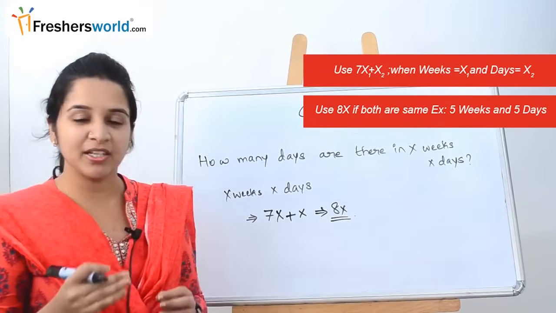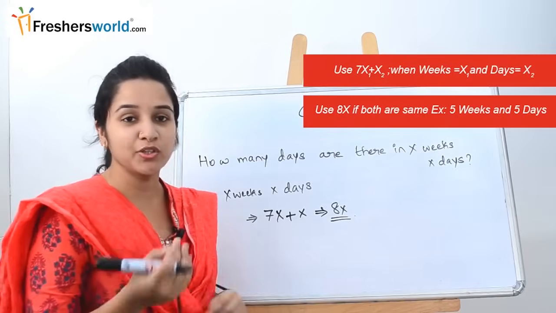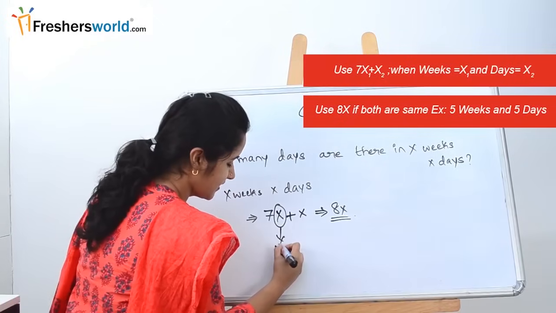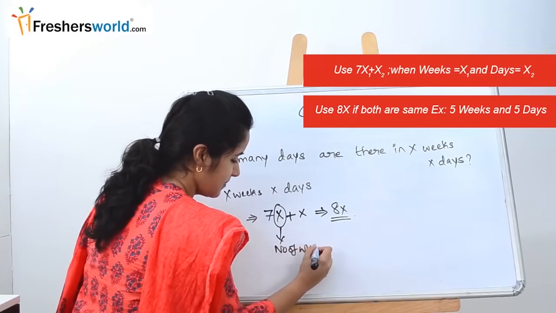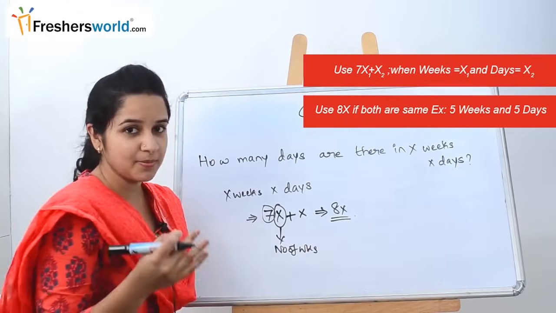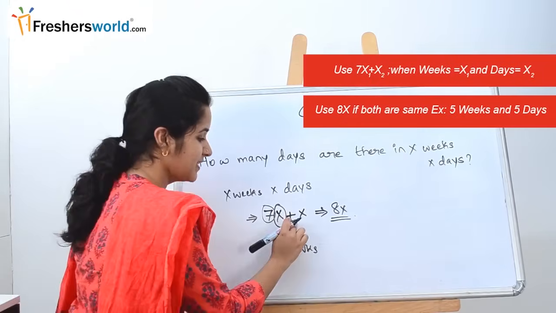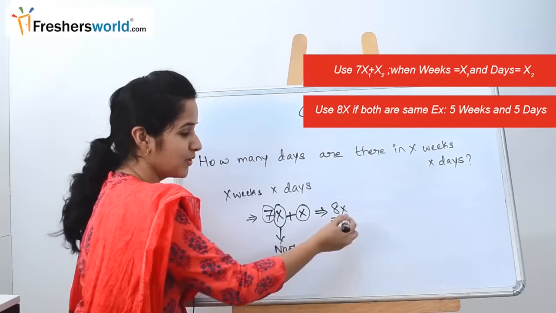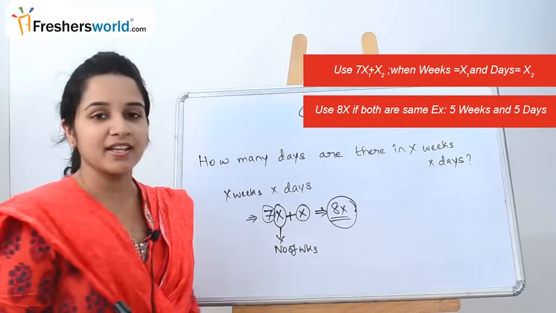Sometimes they might give you a value for X that you need to substitute to find the answer. So you multiply the number of weeks given in the question by 7, the number of days in a week, plus the number of extra days given in the question. Once you add it, you will get the final value, and that is the answer for this question.